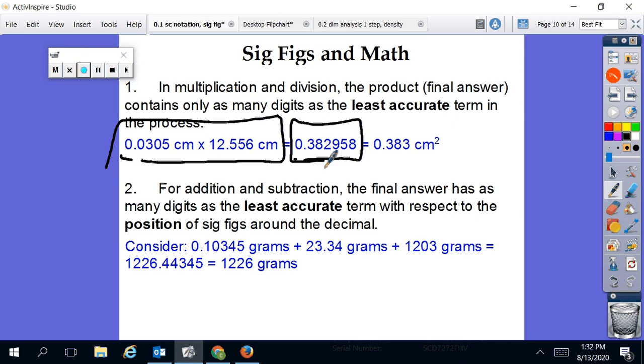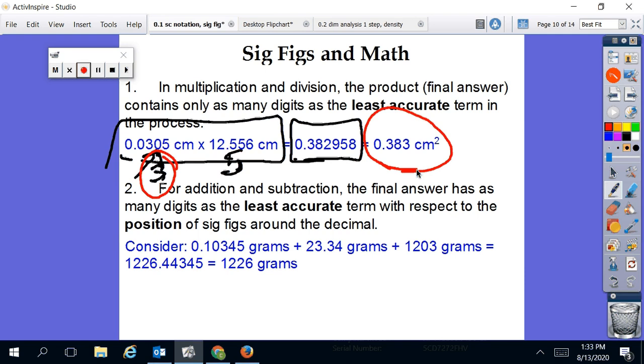So if you look at the first term, you count how many sig figs the first term has. Okay, the 0.0 is not significant, but the 0 sandwiched between the 3 and the 5 is, so the first term has 3 and the second one has 5. You look at the smaller number, and 3 is smaller than 5, so you represent the answer in 3 significant figures.